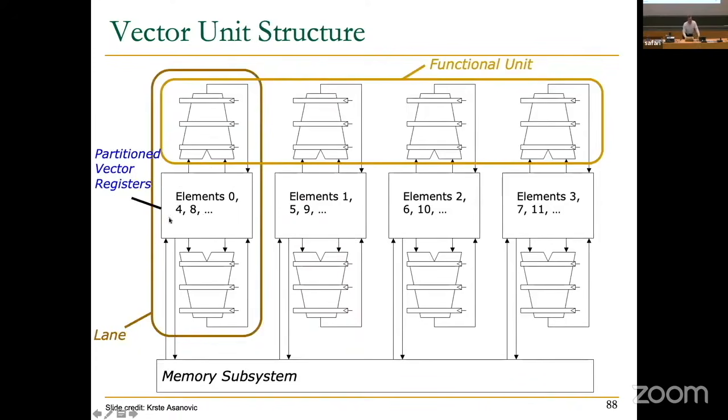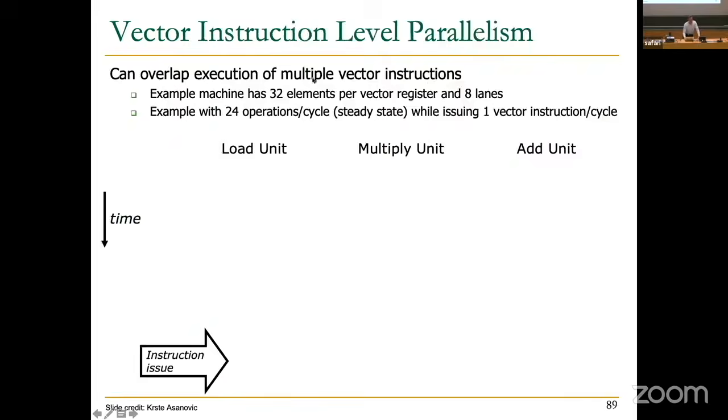You have partitioned vector registers, and you have what's called a lane. A lane is essentially functional units that operate on a piece of the register file. You can have multiple functional units, as you can see over here. You can also think of this as an array functional unit, but then there's a lane in each one. You pipeline the results in each one, but you also exploit the space parallelism.